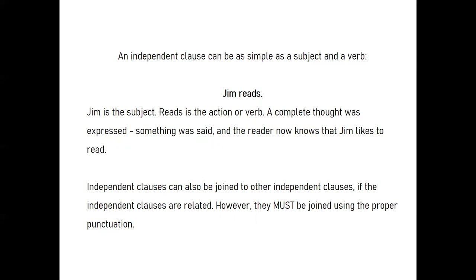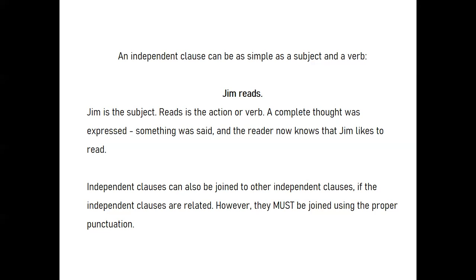Okay, so independent clauses can also be joined to other independent clauses. So one independent clause plus one independent clause, if the independent clauses are related. We can only join two related clauses. When we try to join different clauses, that's another topic.